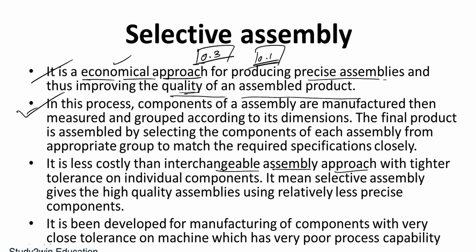It means selective assembly gives higher quality assemblies using relatively less precise components. This also we have seen. And the last point is, it has been developed for manufacturing components with very close tolerance on a machine which has very low or poor process capability. All these points can be well understood by this time.